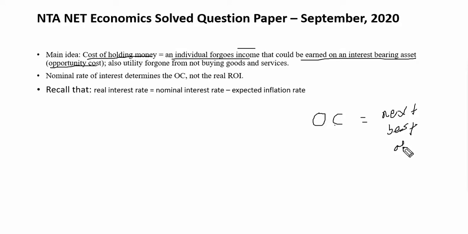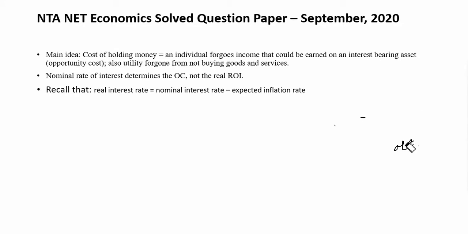So we know that when a person is holding money, he's foregoing the rate of interest which he could earn by bearing an asset like a security or some kind of asset. He's not getting that because he's holding the money and not using the money. And also there is a utility which is foregone from not buying goods and services.